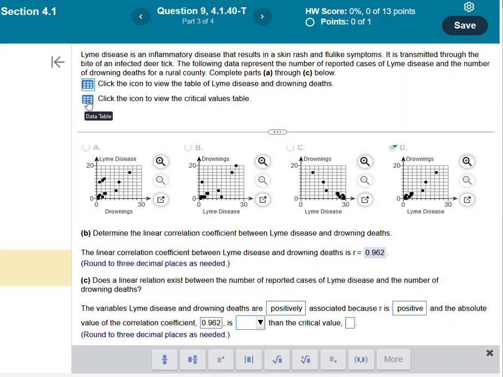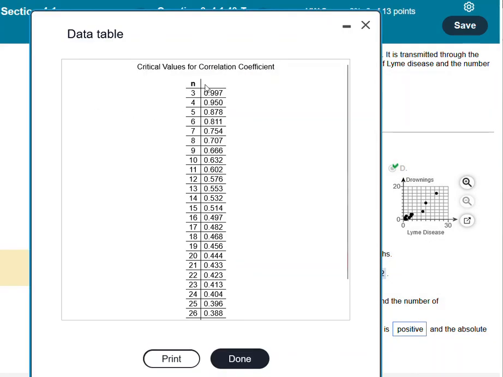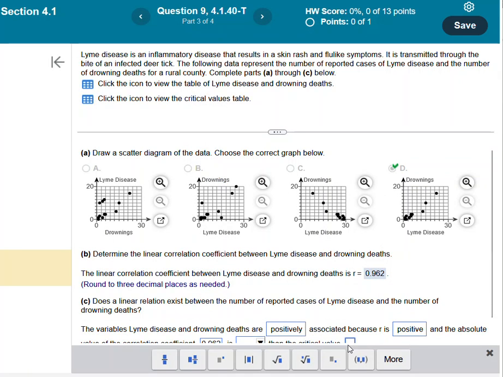So now we're going to look at the table of critical values, which is provided for us here. In the first column, we're going to go down to the number 12 and pick up the critical value here. Since n is 12, that's our sample size, the number of data, next to it we find the critical value of 0.576. I'm going to paste that in here.